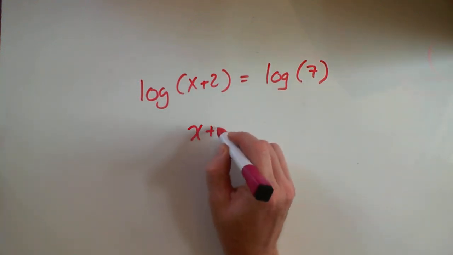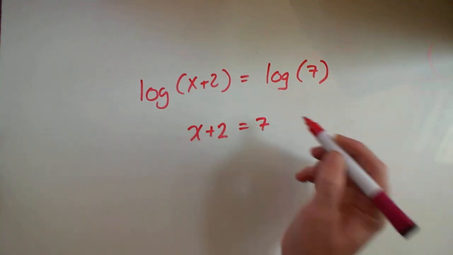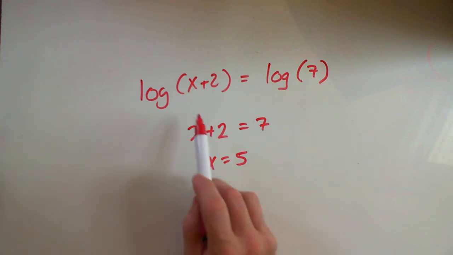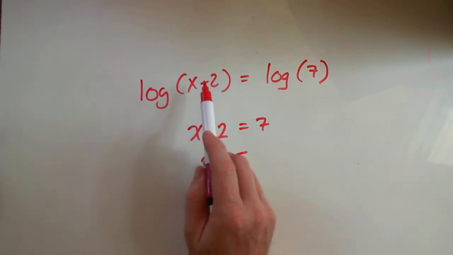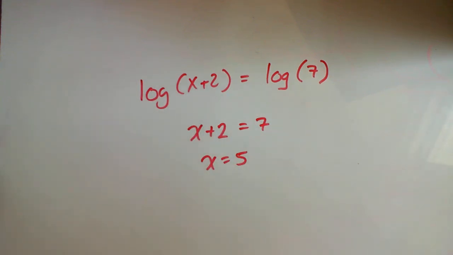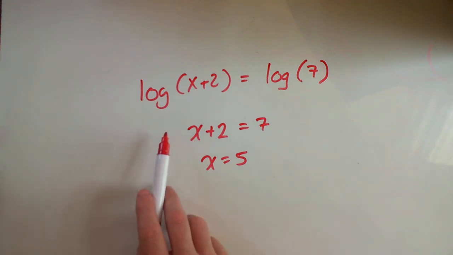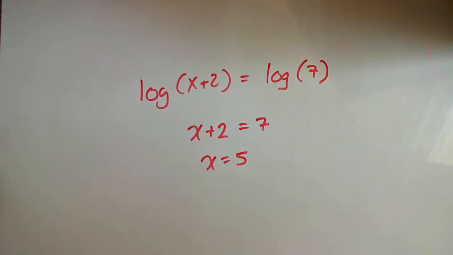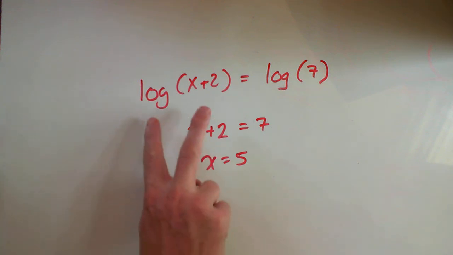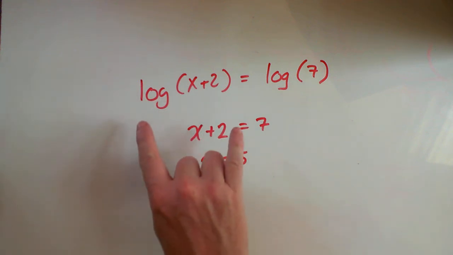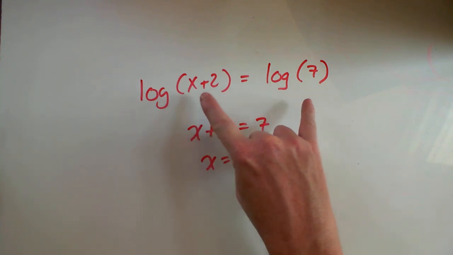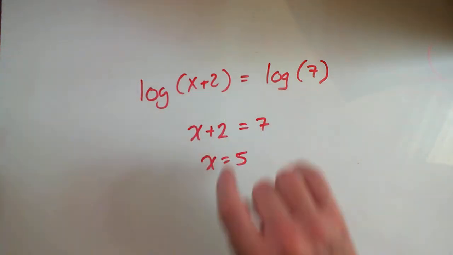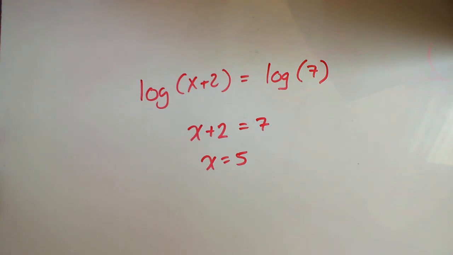Quite simply, this would give us that x plus 2 equals 7, x equals 5. We check: 5 plus 2 is 7. There's no negatives inside of a logarithm. You're done. So if you have the same base on both sides, you'll see a couple of problems like that. It really is just as simple as, it's not a cancellation, but if the logarithms are the same, then the internal argument must also be the same.